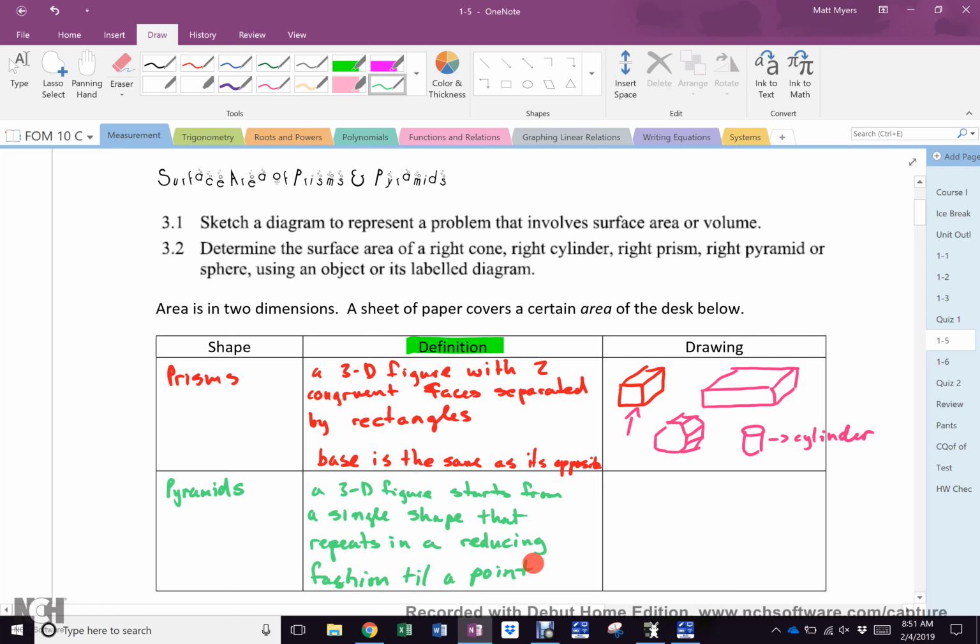Whatever you need to know. If I have a square on the bottom, it's going to shrink and make a pyramid. Because at every level of that pyramid, if I cut a line in it, I'm going to make a square, aren't I? But all those squares are going to be smaller than the bottom one. What if I start with a rectangle?